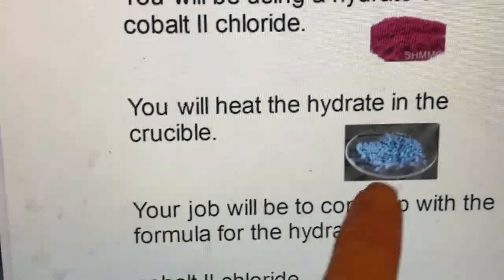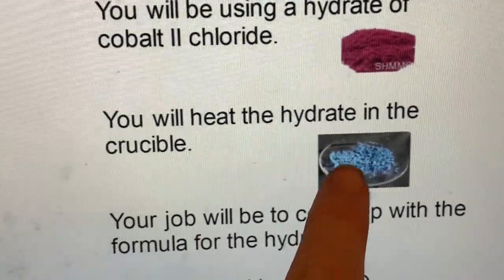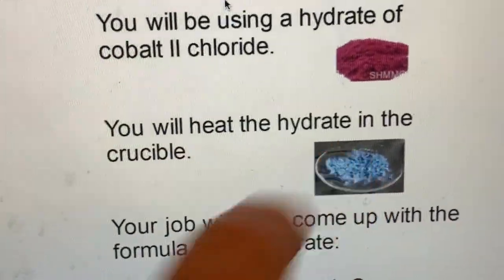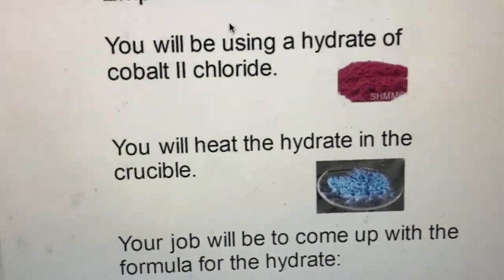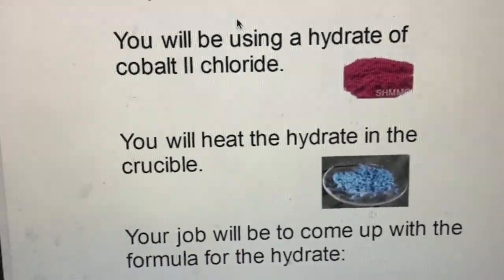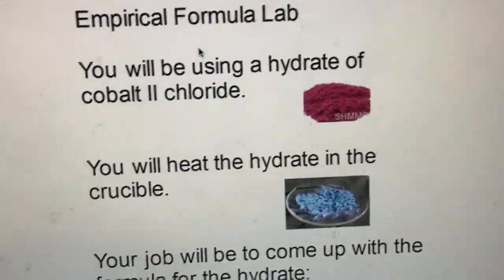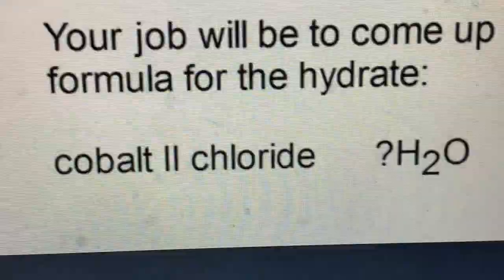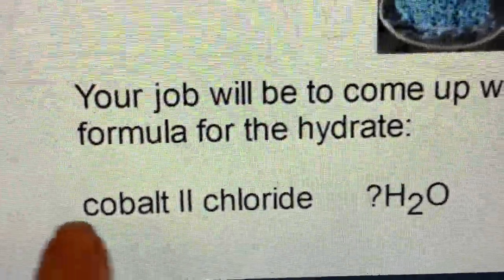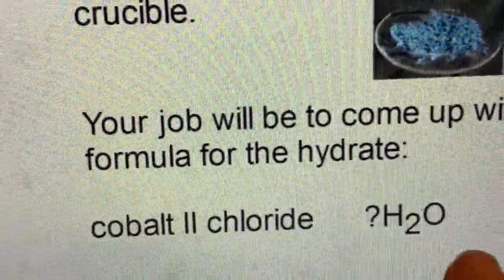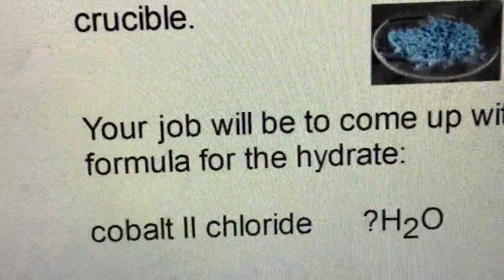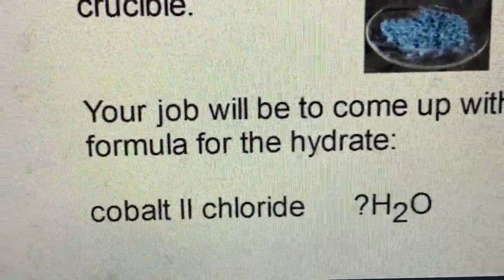After you heat it up, you end up with a periwinkle blue. The water has gone and you're left with this blue color. So it's very easy to see with our cobalt 2 chloride what the before and the after from when the water was there. Again, remember your goal is to come up with the formula of cobalt 2 chloride and then figure out from your data how many waters there should be.